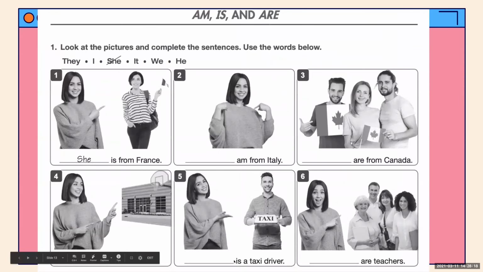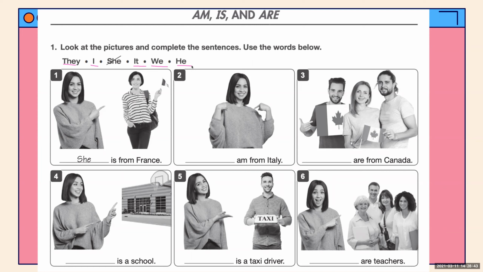Our next activity is this. We want to make sure that we understand how to complete the rest of the sentence. We want to look at the picture. We want to put the word they, I, it, we, or he. Our first one, number one, says she is from France. Number two, blank am from Italy. Three, blank are from Canada.